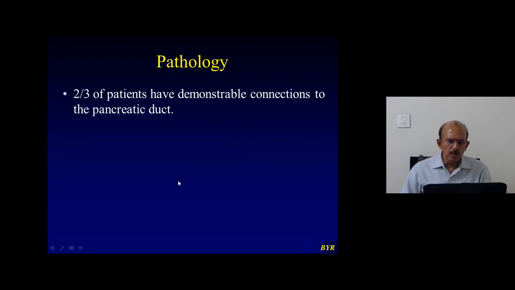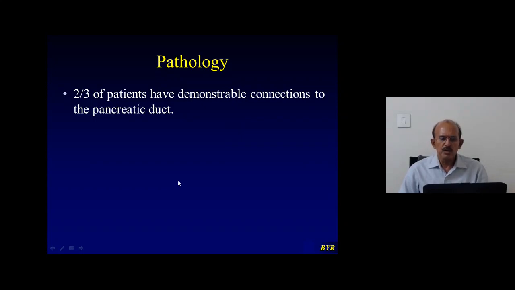Of course, I will tell you about differentiation between the abscess and pseudocyst in the clinical features as well as the investigations later. 2/3 of the patients have demonstrable connections to the pancreatic duct. So there will be communication with the pancreatic duct.